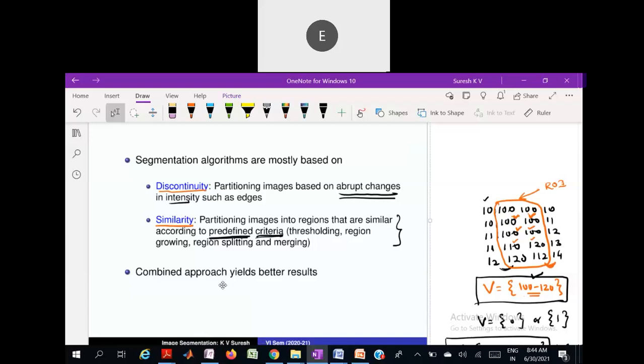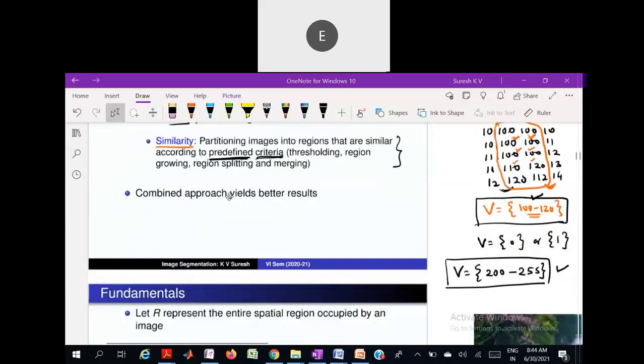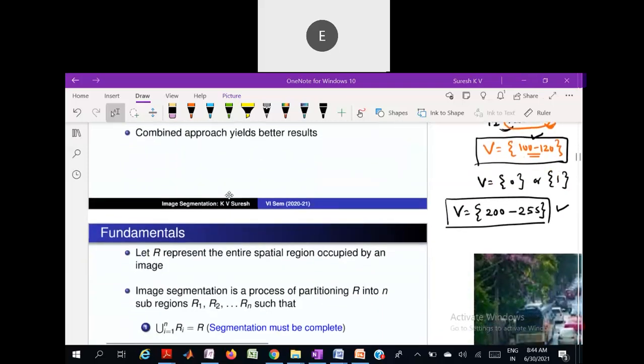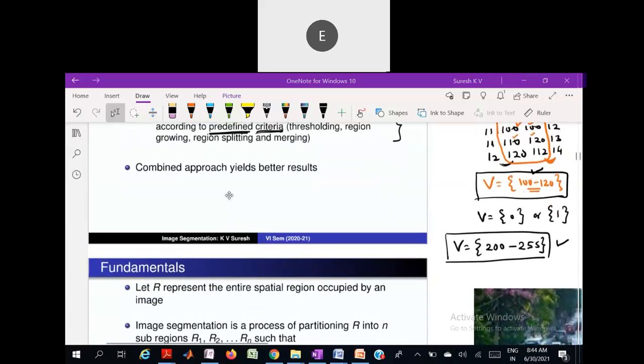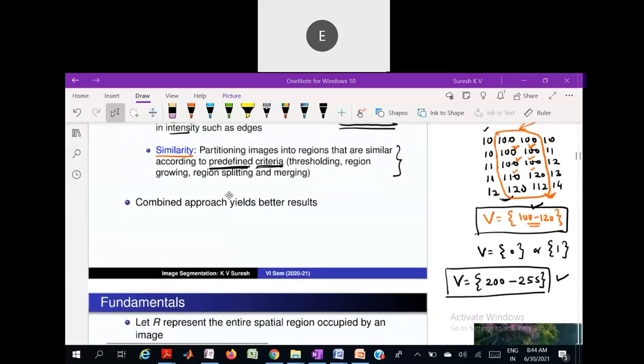That means you detect edges and try to fit a boundary, you also use the similarity criteria to identify the region, and then combine both of them. The combined approach yields better results. The next topic is some mathematics on this, which we will discuss in the next class.